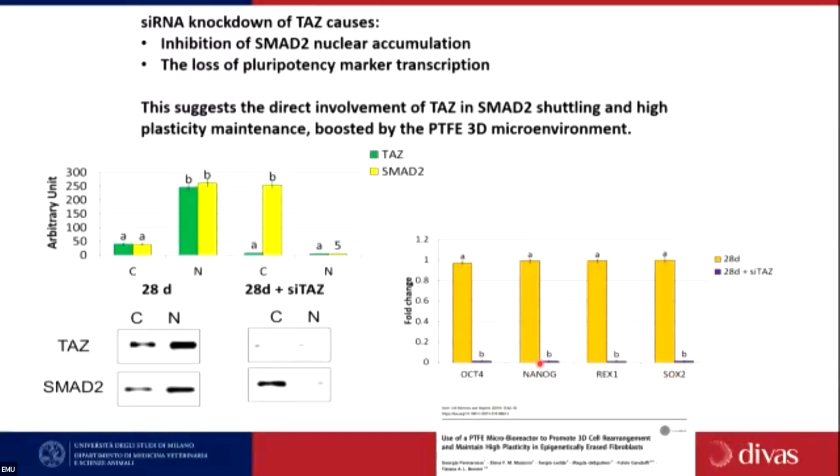So basically, we very quickly lose pluripotency. So suggesting again that the ability to keep cells in a pluripotent state for a long period in the presence of a microbioreactor is due to the presence of the microbioreactor. Since when we kill the role of the microbioreactor, we lose the pluripotency as well.